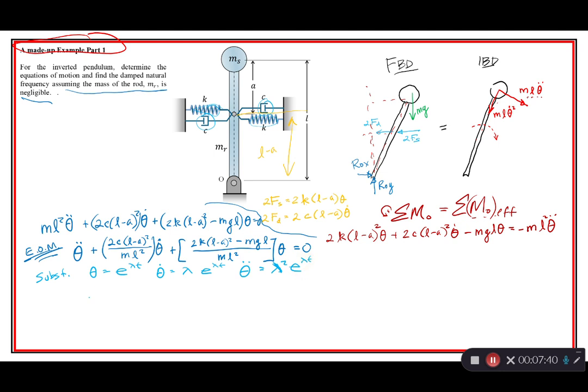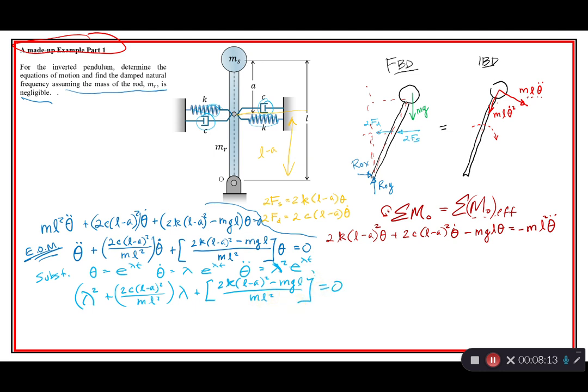Put them in, and you end up with lambda squared plus 2c(L minus a) squared over mL squared times lambda plus that whole thing here, 2k(L minus a) squared minus mgL over mL squared equals 0.